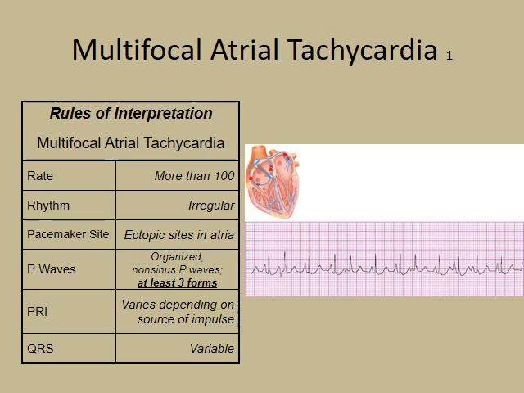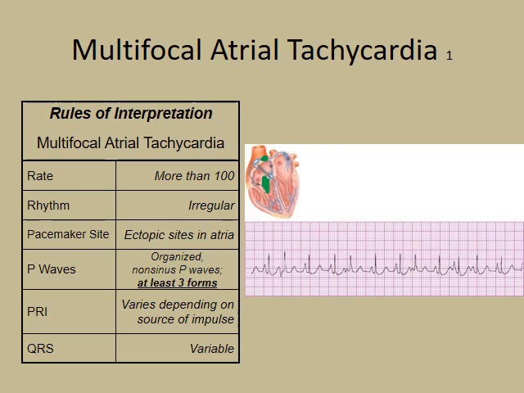The PR interval depends on how high up in the atria the signal starts. Is it up here close to the SA node and the signal comes down normal, or is that ectopic foci somewhere down here close to the AV junction or AV node and the PR interval is shorter?